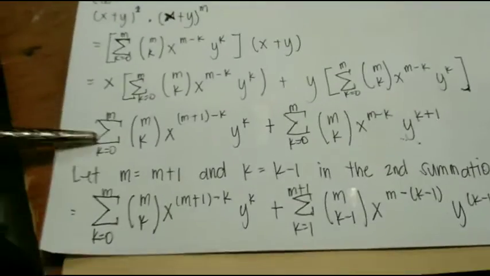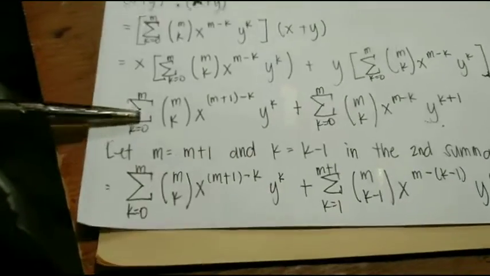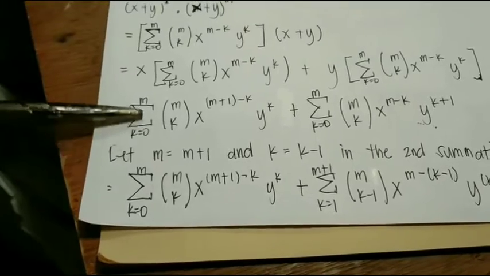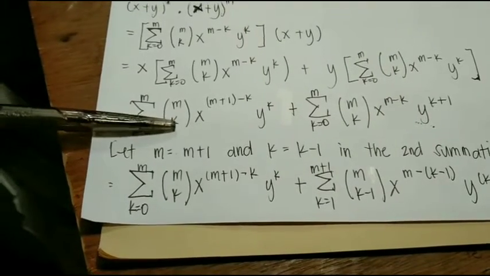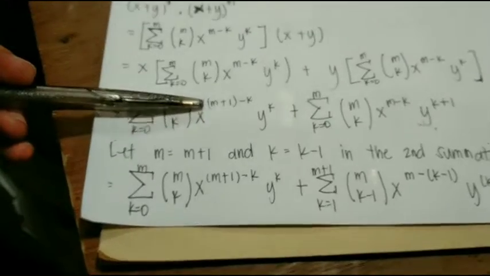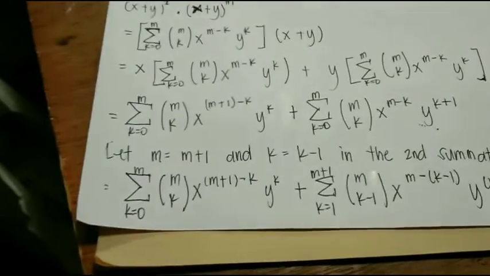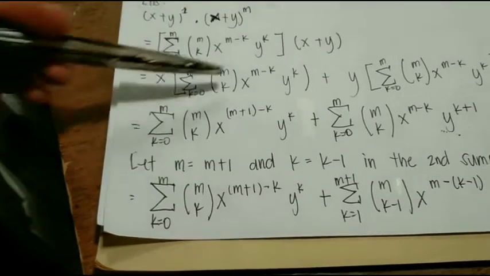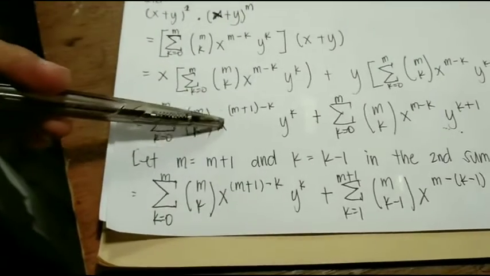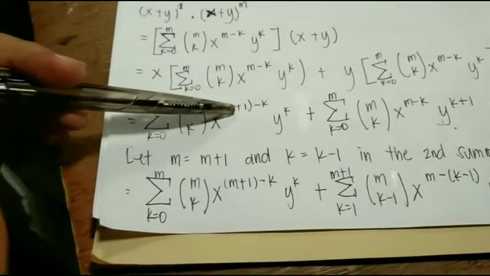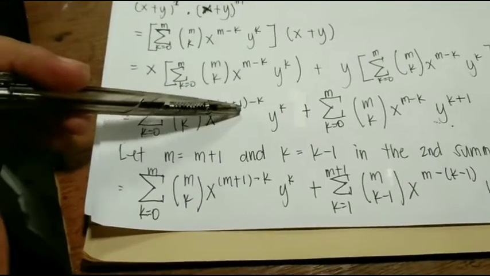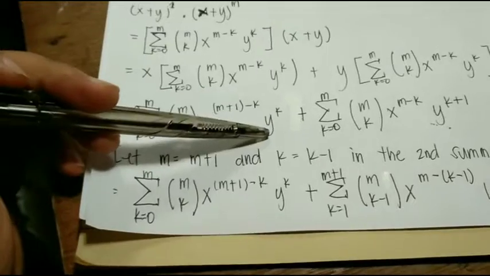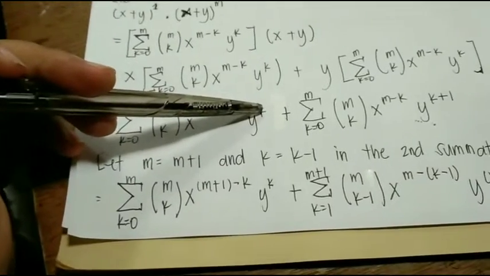So the first result is the summation of k equals 0 to m of m taken by k times x, and multiplying x times x, the exponent becomes m plus 1 minus k and y with the exponent of k.